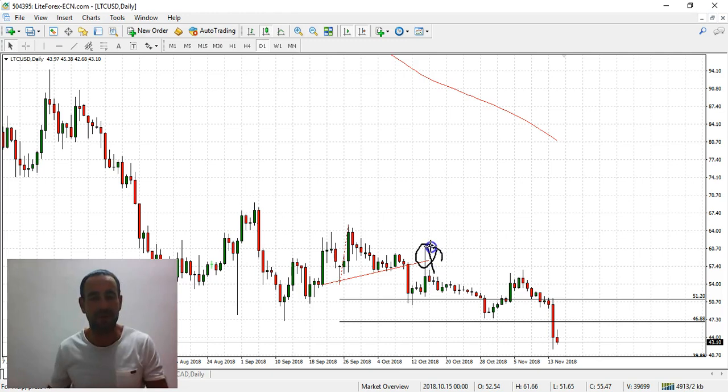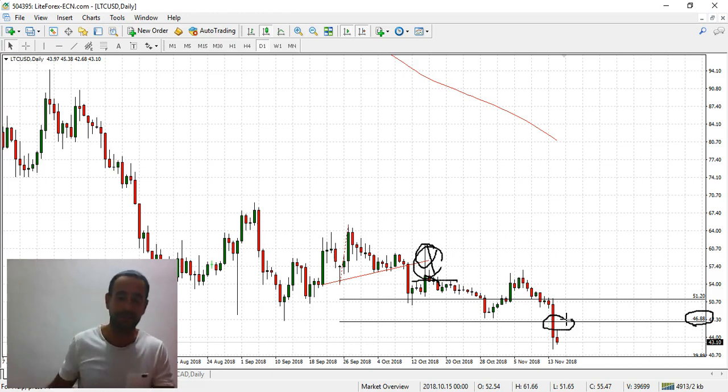The bounce off, this is the important part, and began to turn around. This is where I took action and basically re-established a short position, this time aiming straight to the 1.618, which was at 46.88, and guess what? It was taken out yesterday, just yesterday, right? So this is a very recent and close to heart case study on the Litecoin.